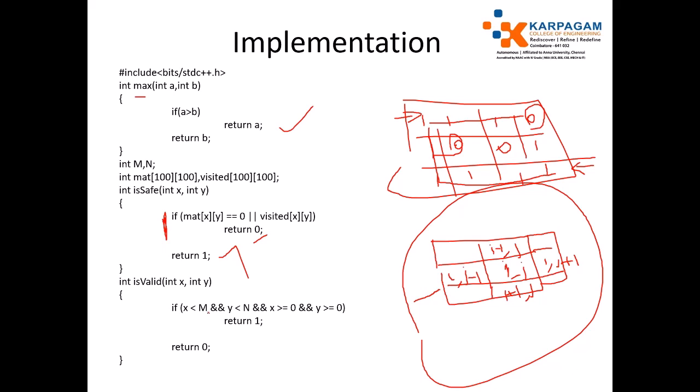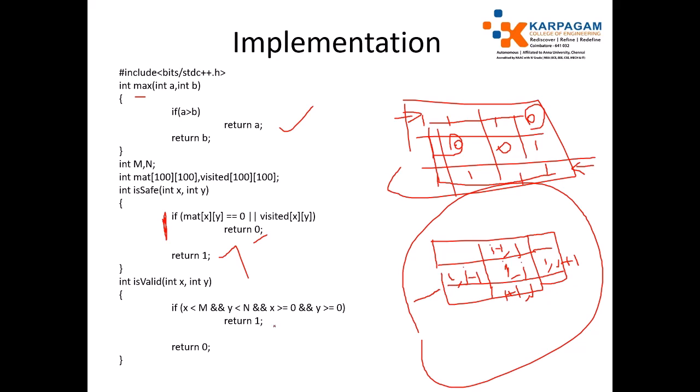If the matrix has size n by m, x should be less than m and y less than n, because if it is greater than or equal to that, it exceeds the matrix boundary.